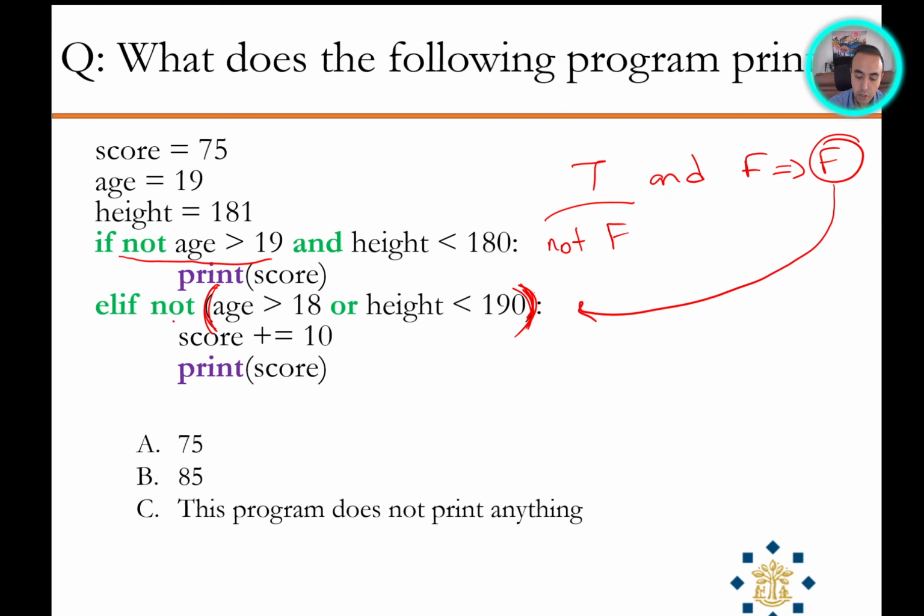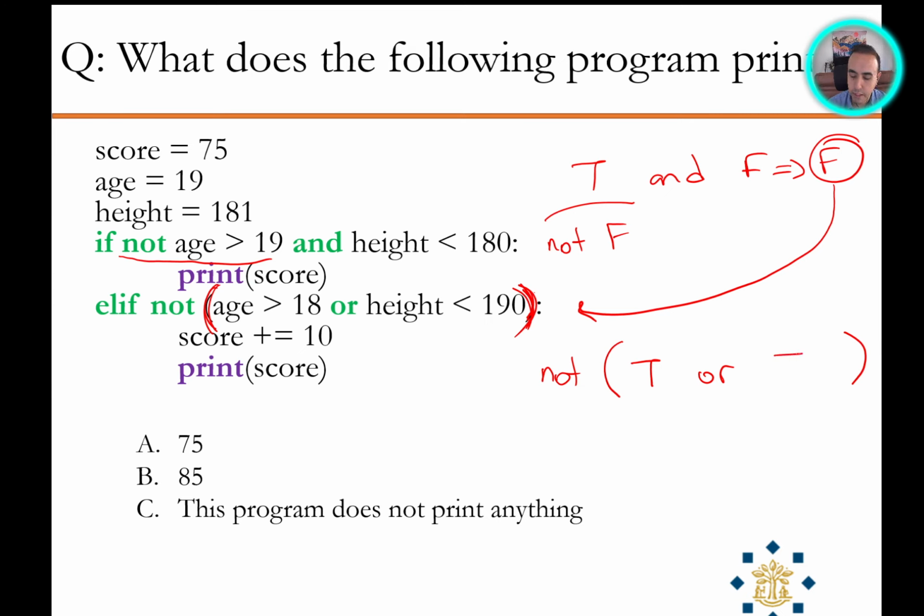Here we have not something, okay? So we first do the inside. Age greater than 18, true. Or here actually at this point you don't have to check the other one because you know that one is enough, but let's do it for the sake of it.